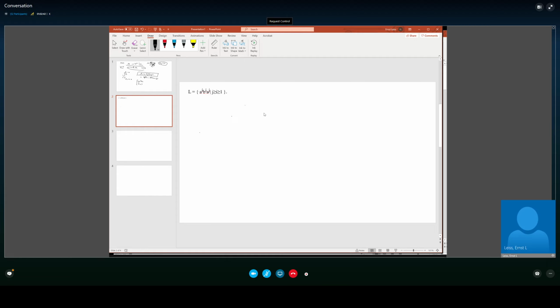Okay, so if this J here were an I, so if we had A^I, B^I, and A^I, then it would be almost exactly the Turing machine that I described in class.